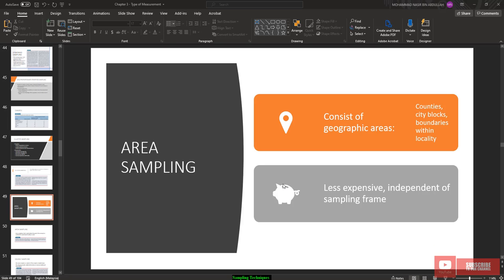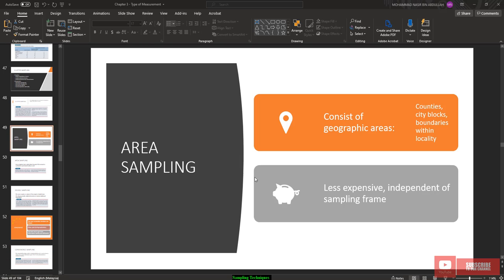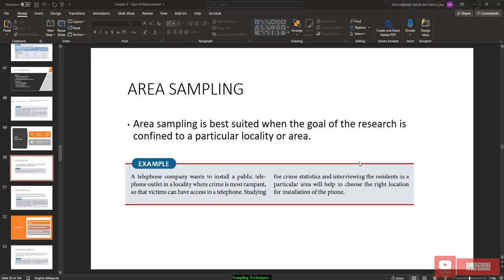Another sampling technique that we're going to discuss now is area sampling. Area sampling consists of geographical areas such as counties, city blocks, and boundaries within a locality. It's less expensive and independent of a sampling frame, right? Area sampling is best suited when the goal of the research is confined to a particular local area.